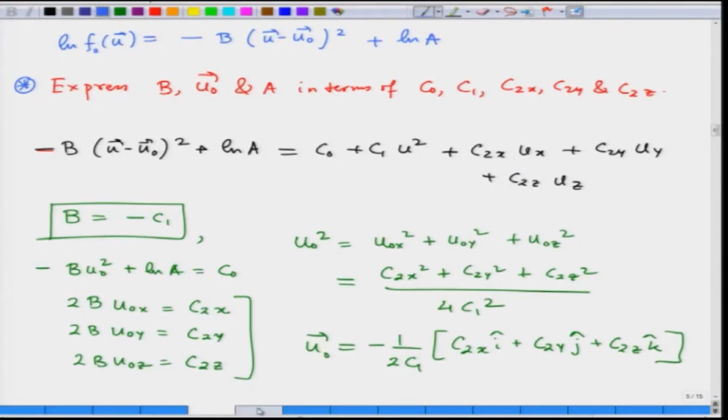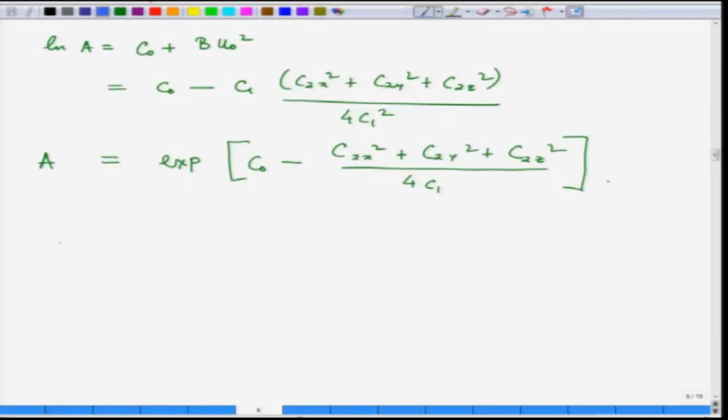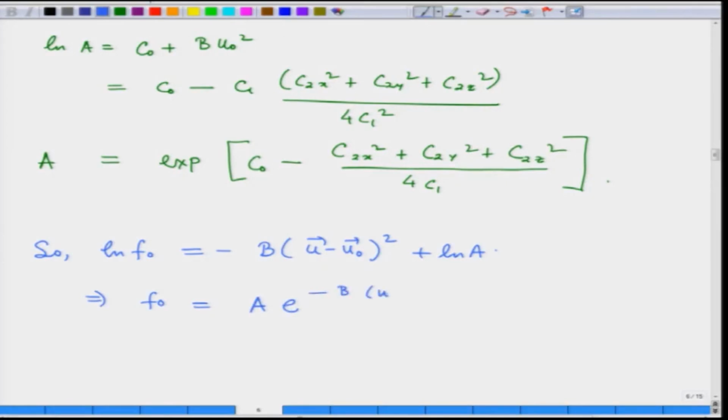And finally, you can say that log of f0 will be equal to minus b (u minus u0) whole square plus log of A. If you write that, you can simply say f0 is equal to A e to the power minus b (u minus u0) whole square.